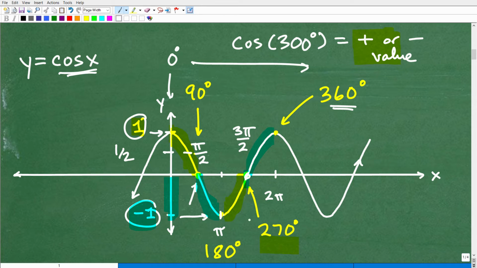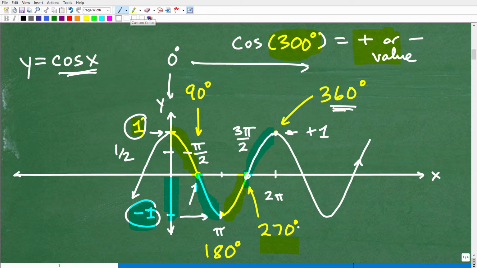Cosine of 270, which is 3 pi over 2, is 0. Then finally, this one period, or one wavelength, of cosine ends at 360 degrees or 2 pi, and at this point, we're back up at +1. So let's look at our cosine of 300 degrees.